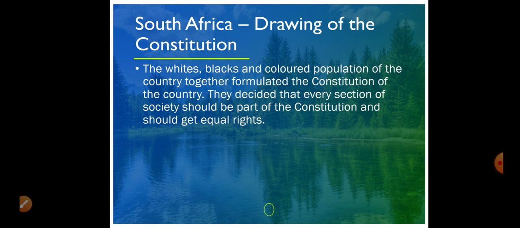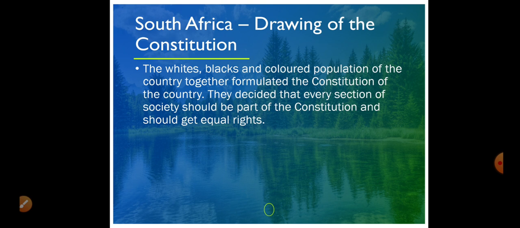White means Europeans, and black means the natives, the locals of South Africa. The whites, blacks, and colored population of the country together formulated the constitution of the country. All came together and formulated the constitution for South Africa.